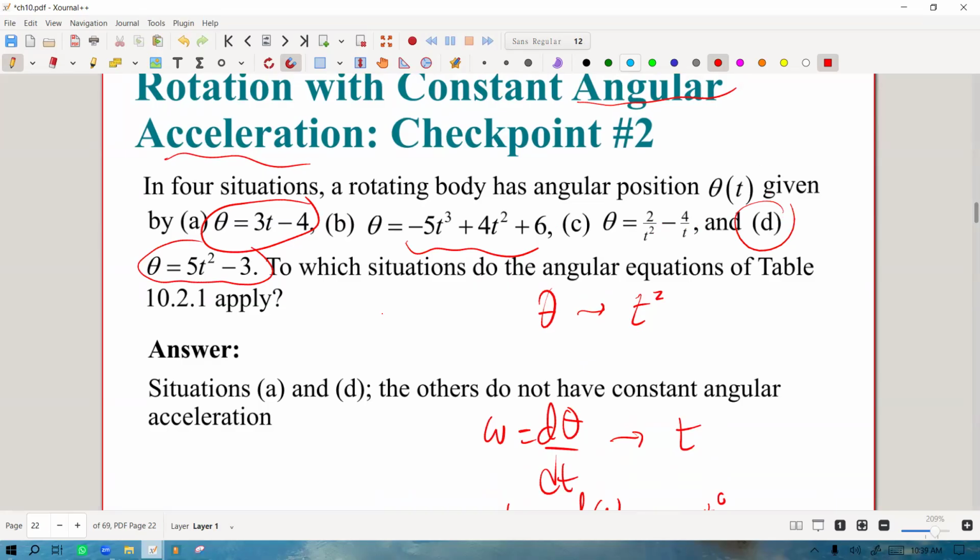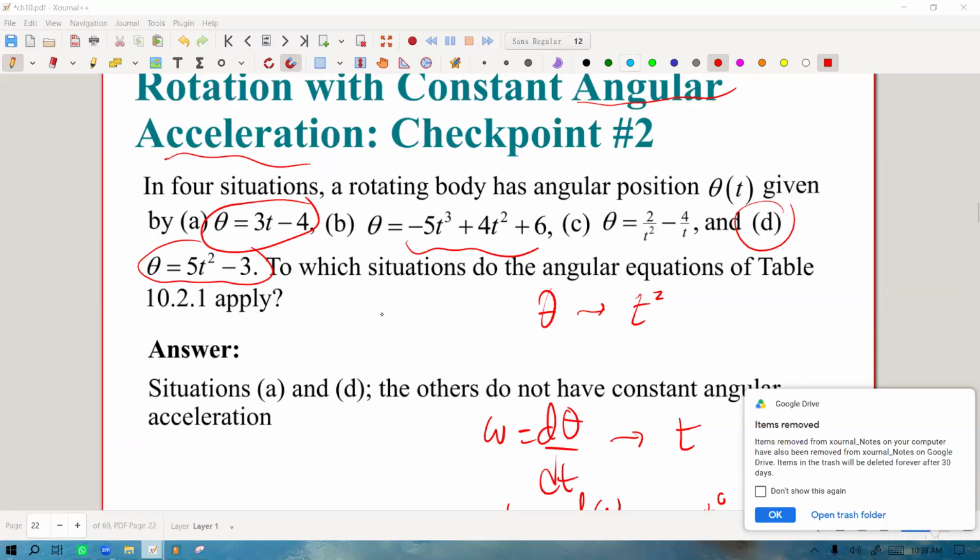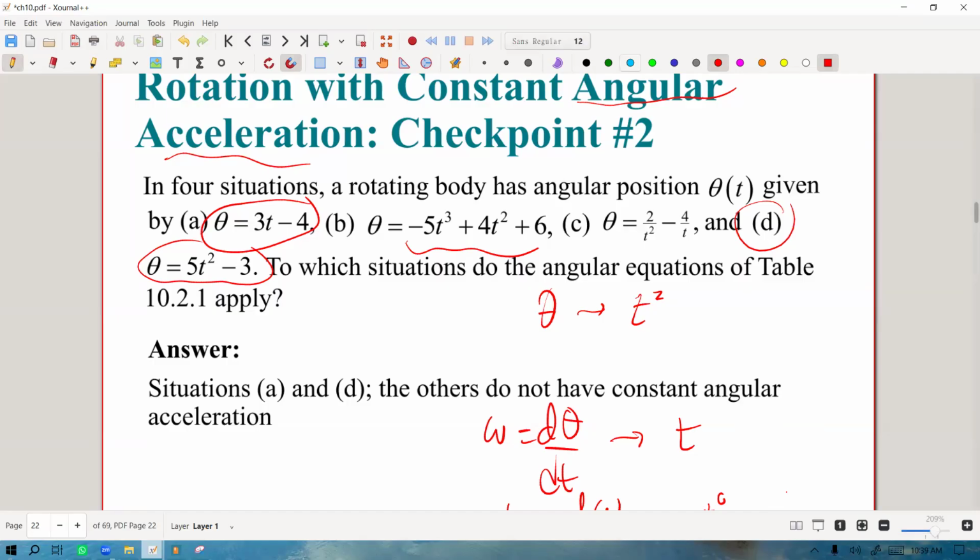The equation A, I think 3t minus 4. If we take the derivative twice, the alpha will be 0, right? But A is okay, since if we take the derivative of this equation it becomes 0. It means constant acceleration.